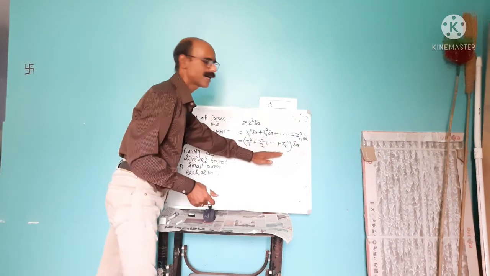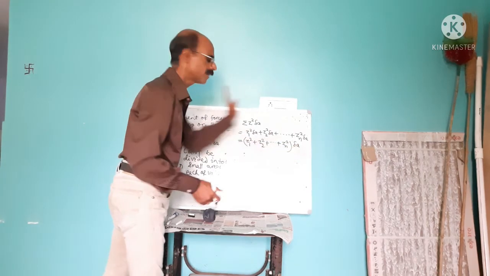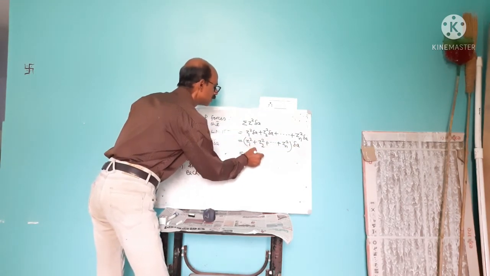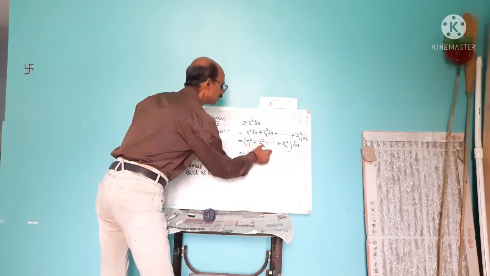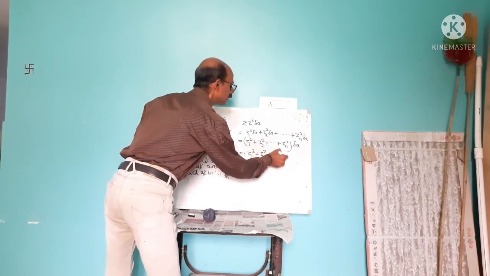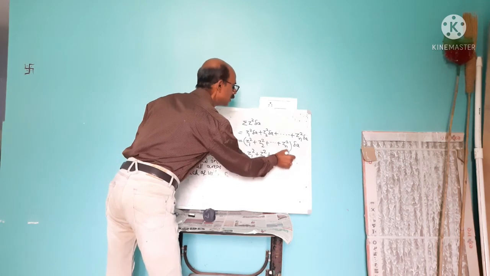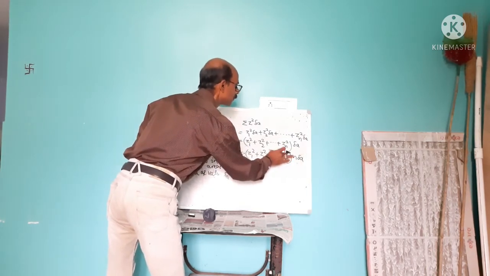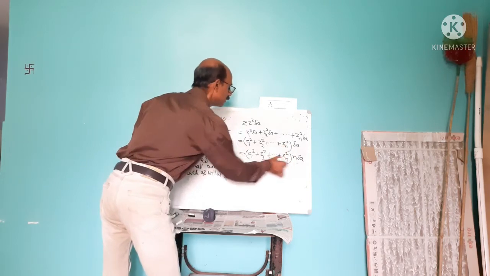Now in the next step, let us multiply by n and divide by n.